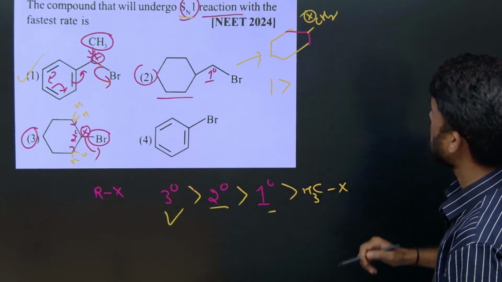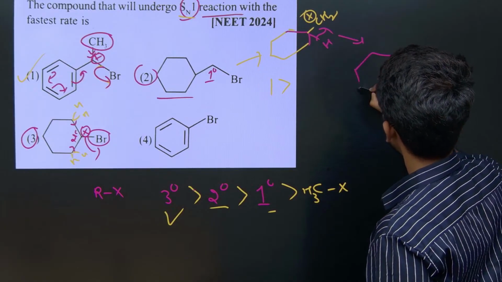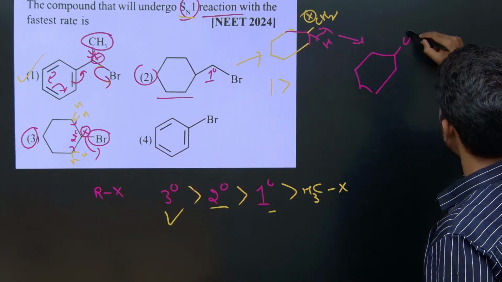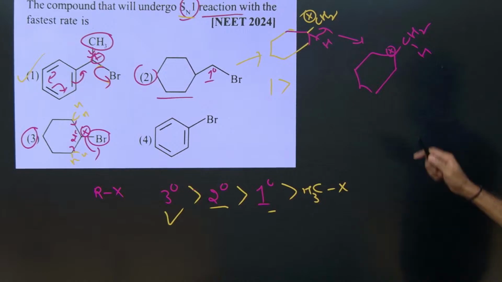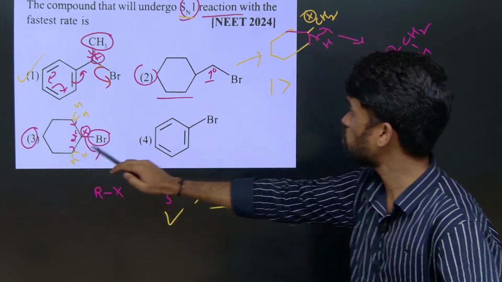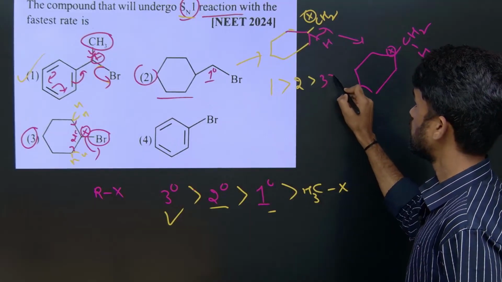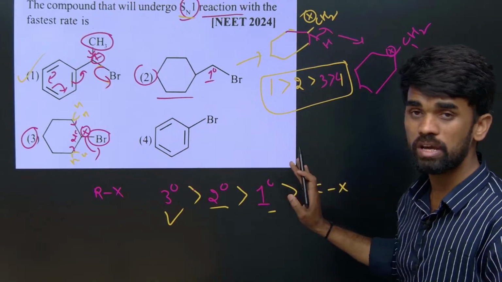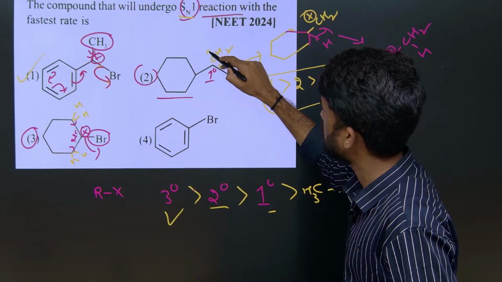This carbocation can be rearranged in this manner, so this is a tertiary carbocation, which is more stable than this. So I am going with 2, so 1, 2, 3, 4. This is the order of the reactivity. I hope it is clear. So how can we do this? First remove this, so we will get CH2 plus here.